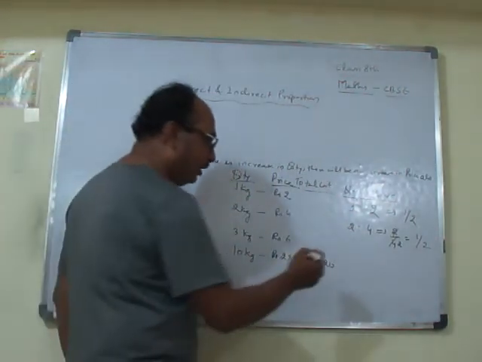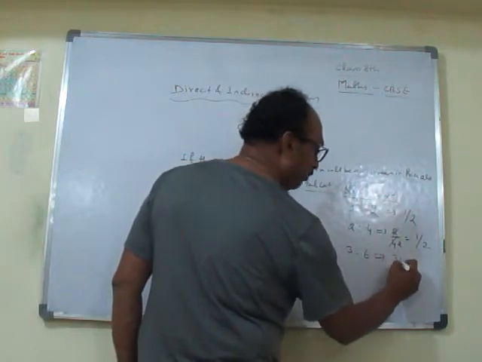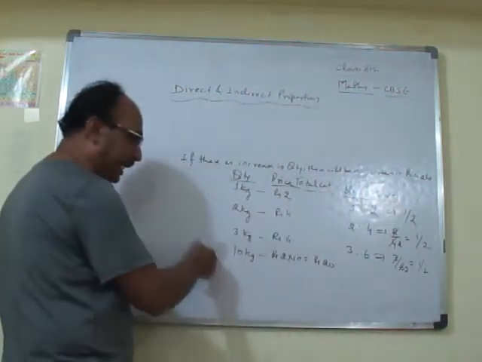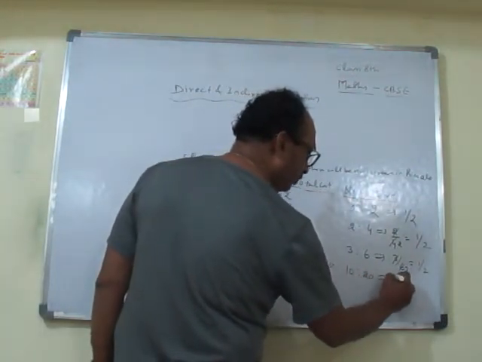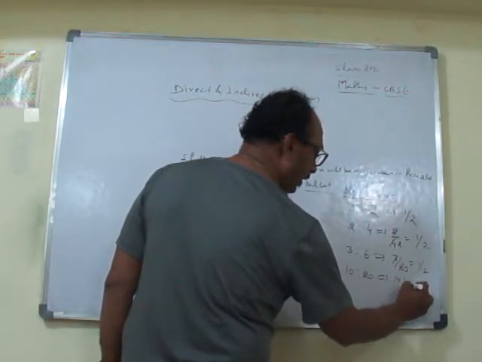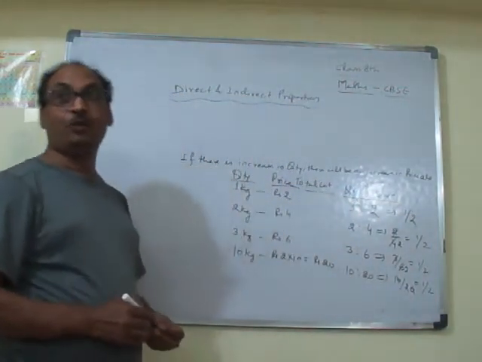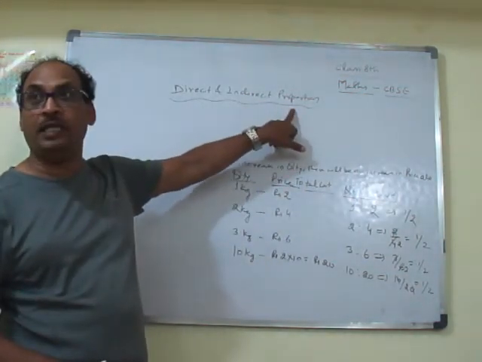Next one, you are writing 3 is to 6, then 3 by 6, again 1 by 2. For 10 kg, 10 is to 20, 10 by 20, cancelled, 1 by 2. So what you have found, why we are saying proportion?